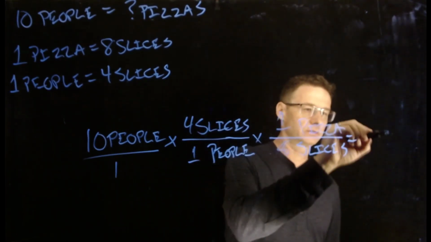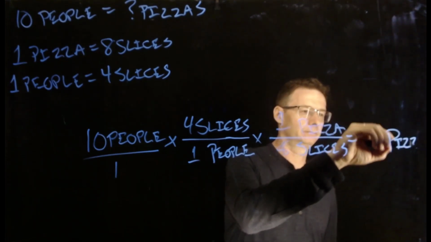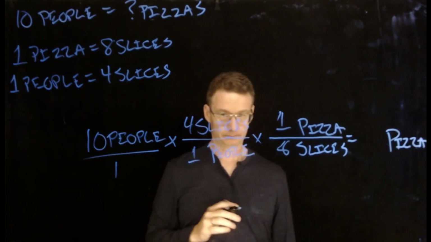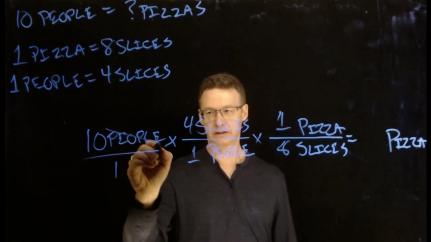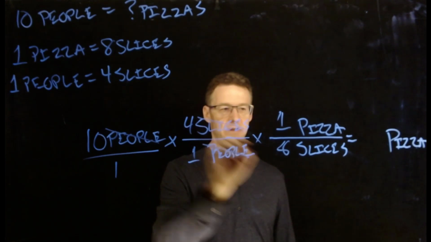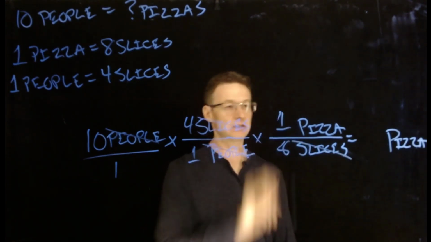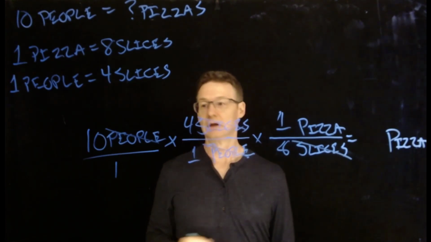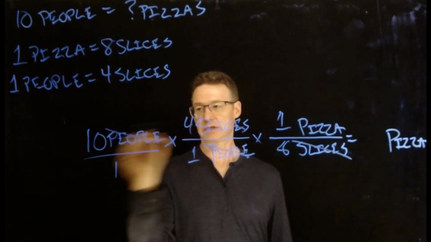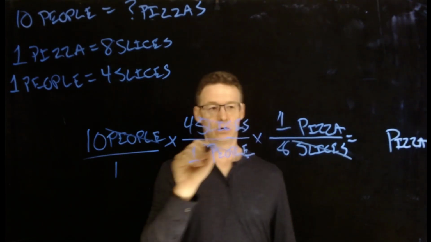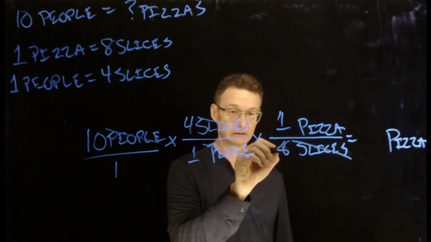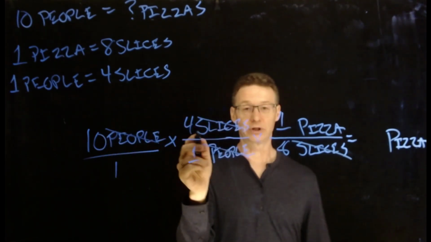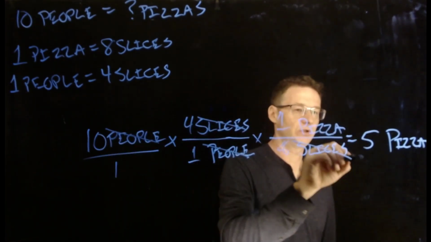And that's going to equal some number of pizzas. Now, I can cancel out the unit people, cancel out the unit slices. The unit that didn't cancel out was pizza, which is what I want my answer to be, so I've got that set up correctly. So I have 4 times 10 times 1 pizza over 1 times 8 with no unit on the bottom. So 10 times 4 would be 40, divided by 8 would be 5 pizzas.